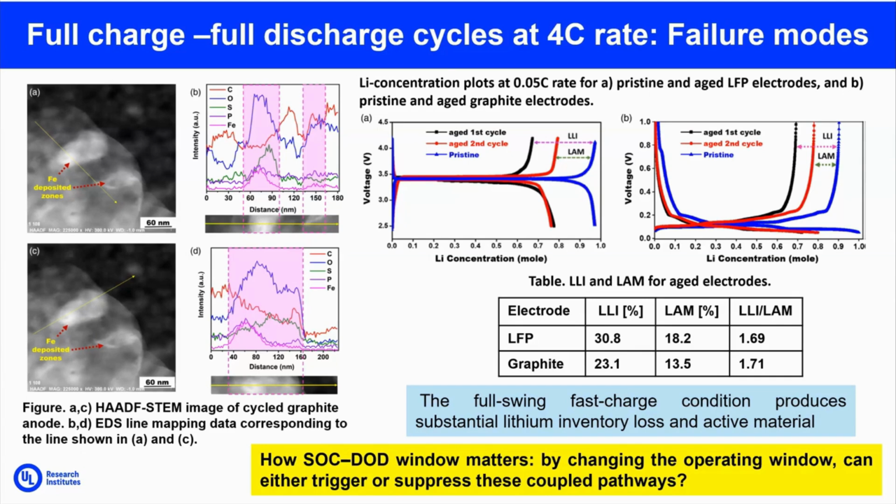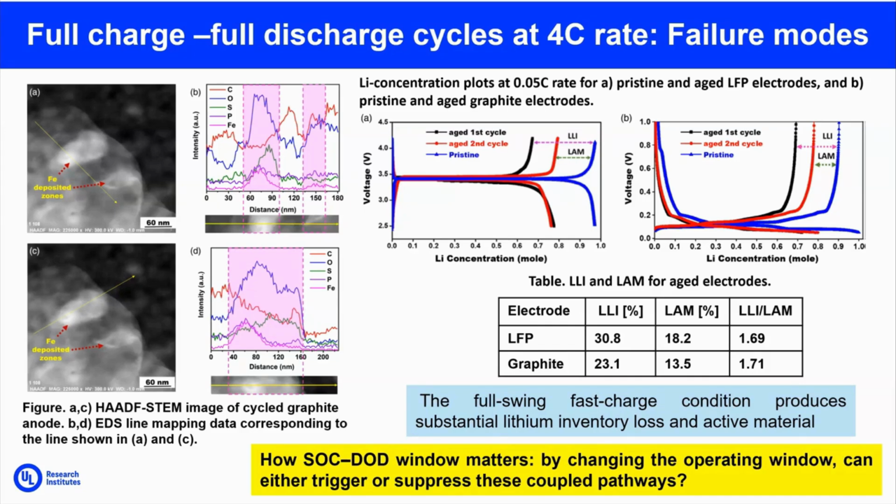This clearly indicates that the deposited iron particles from the cathode act as a catalyst, continuously degrading the electrolyte system and forming the SEI layer where Fe was deposited.